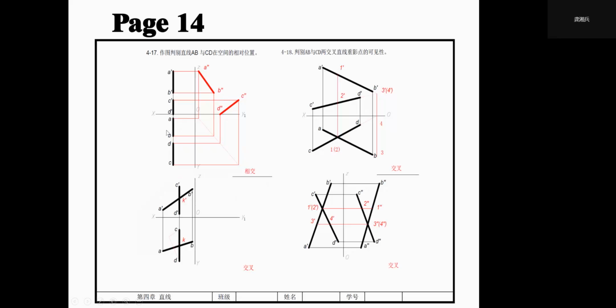Because they are on the same plane, you will find these two lines are intersecting, right? Two lines are intersecting. Why is this an intersecting line? I will show you on the video.